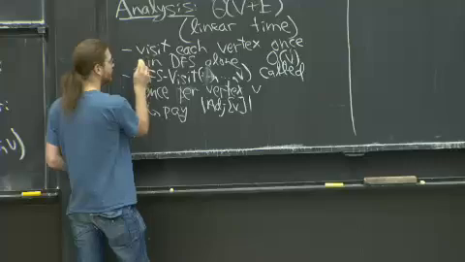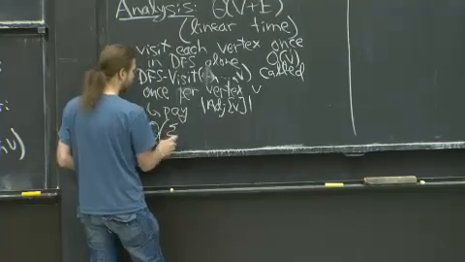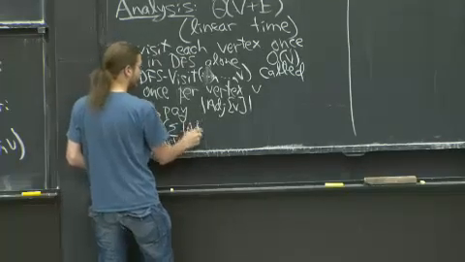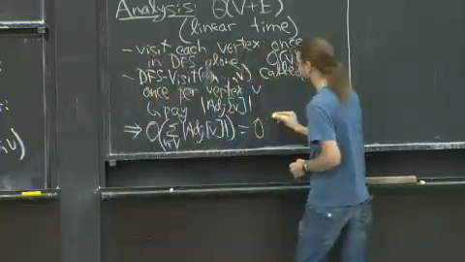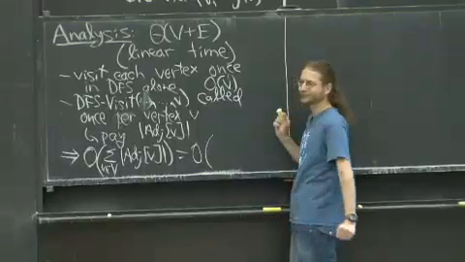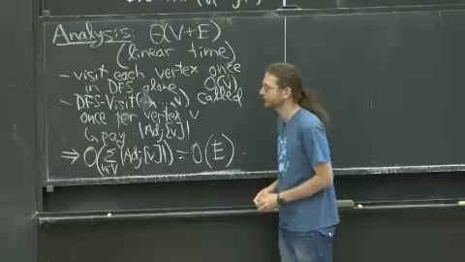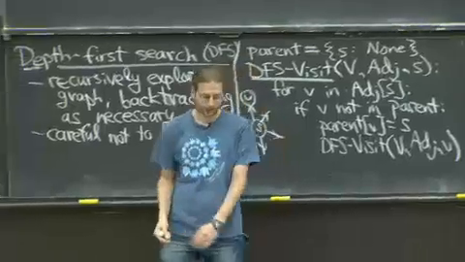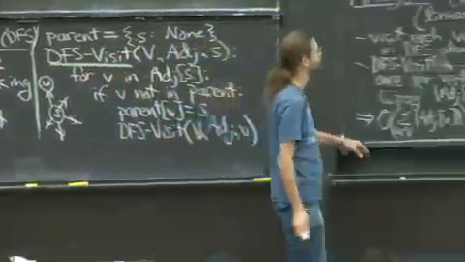So the total, in addition to this V, is going to be order sum over all vertices v in capital V of length of the adjacency list for v, which is E. This is the handshaking lemma from last time. It's twice E for undirected graphs. It's E for directed graphs. I've drawn directed graphs here. It's a little more interesting.